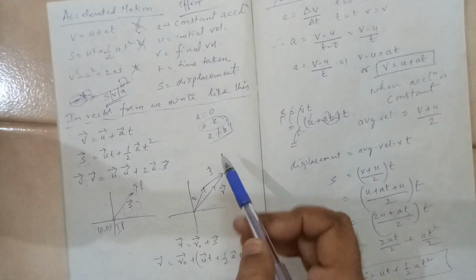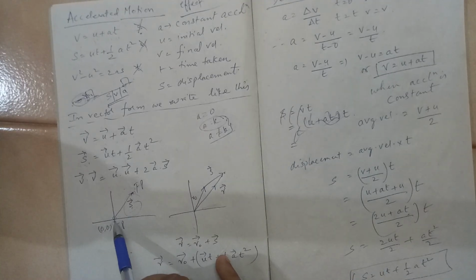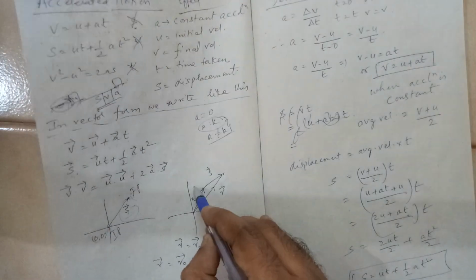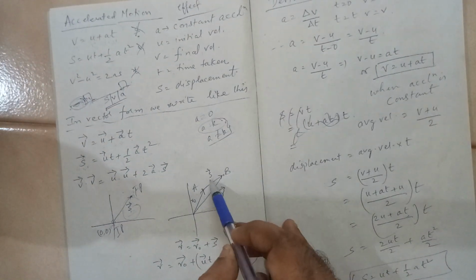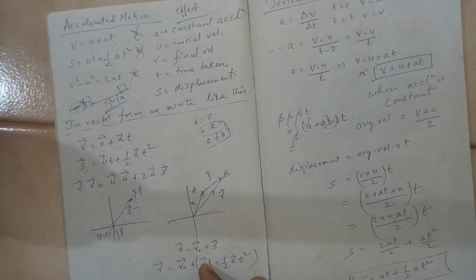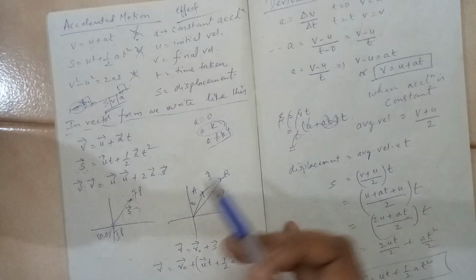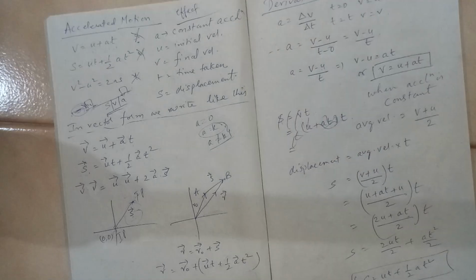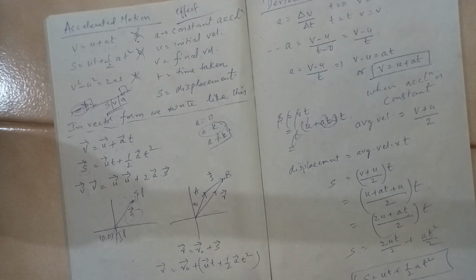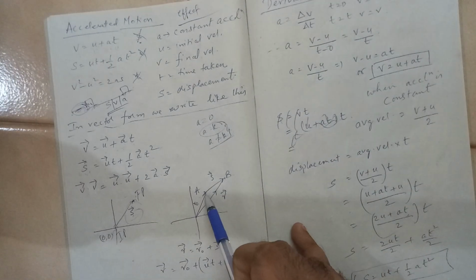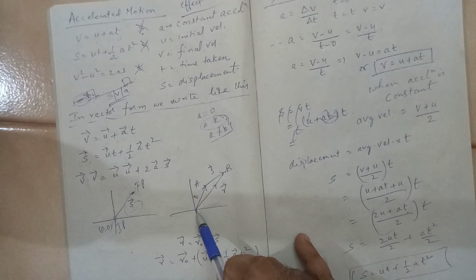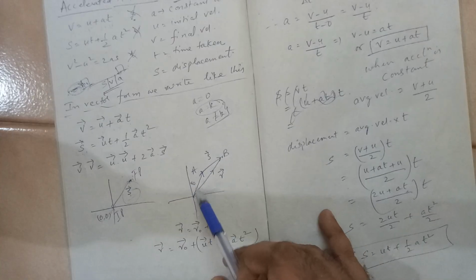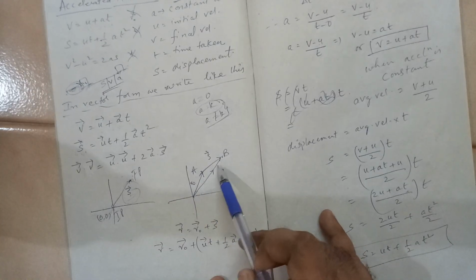Sometimes there can be a situation where the object does not start from the origin, but from some other point, let us say A. It started from here and reached point B. This is my s vector. It might have taken some time, and it might have had some initial velocity, final velocity and so on, but the object started from A. Now if you want to tag this with respect to the origin, you see there is a vector triangle here.